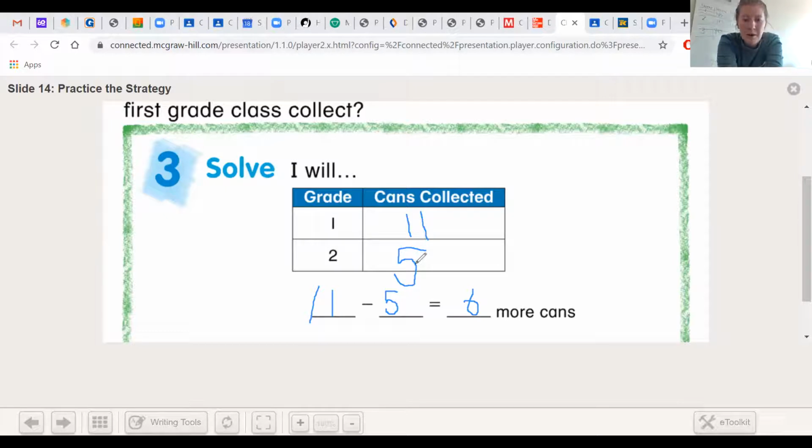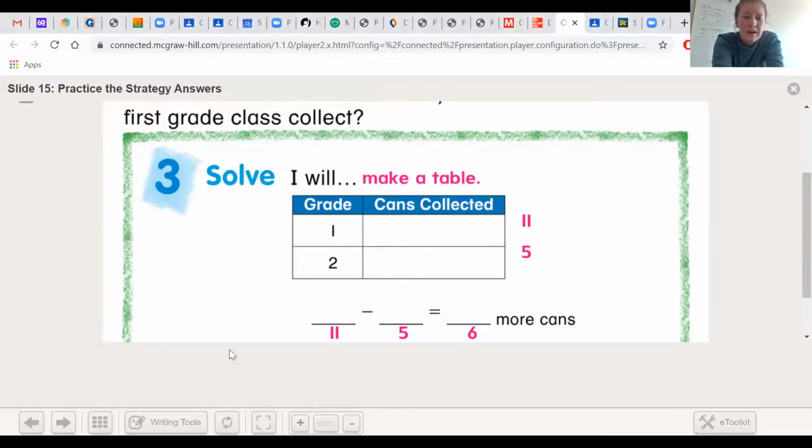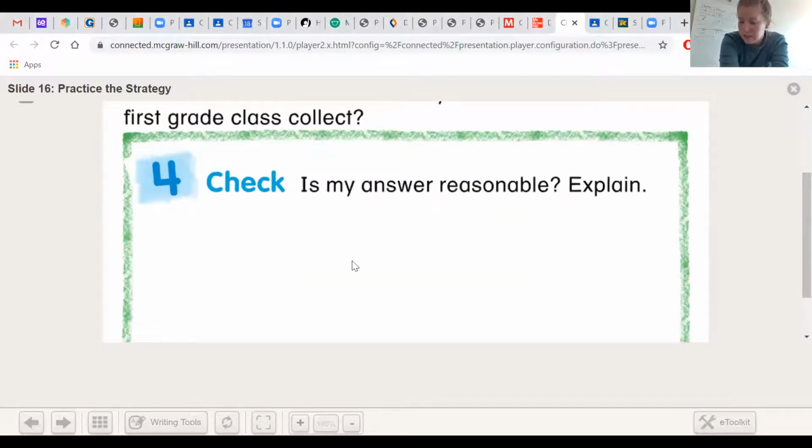Check your work with mine. Pause if you need more time. Good. Clear. All right, we did it correctly. The next bottom part on number 4 says, is my answer reasonable? So what I just need to check to see is, did I answer in the hundreds? Is my answer in the thousands?